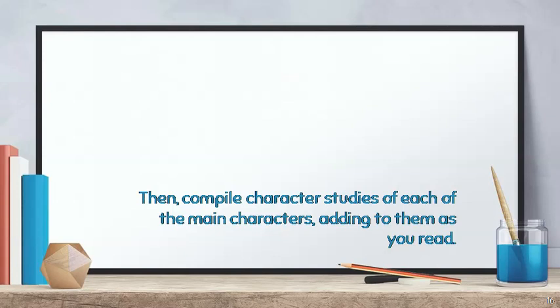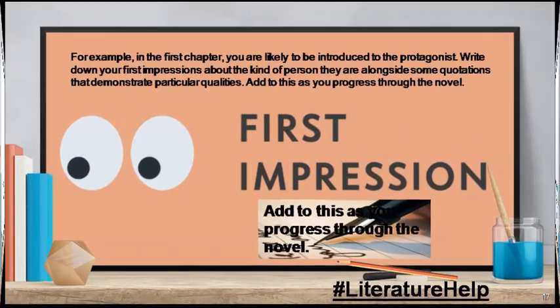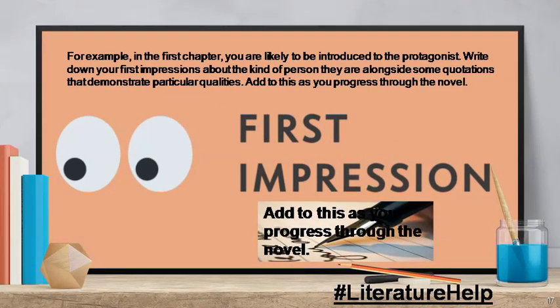For example, in the first chapter, you are likely to be introduced to the protagonist. Write down your first impressions about the kind of person they are alongside some quotations that demonstrate particular qualities. Add to this as you progress through the novel.